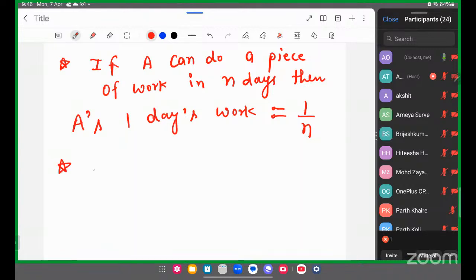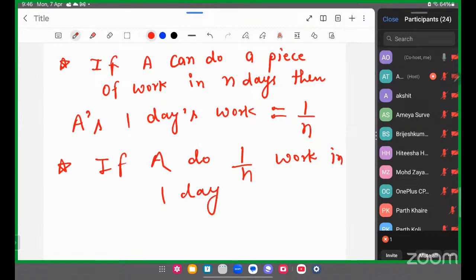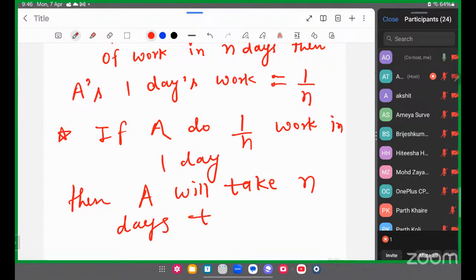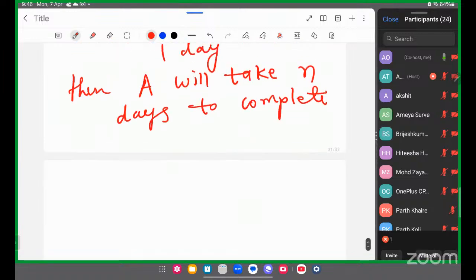Second point, if A does 1/n work in 1 day, then A will take n days to complete the work.